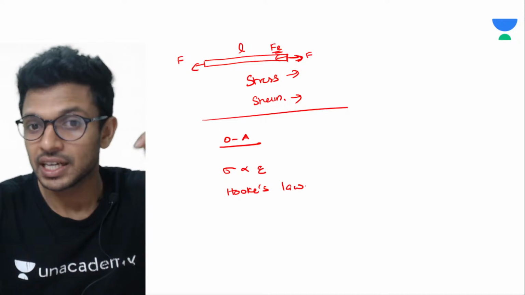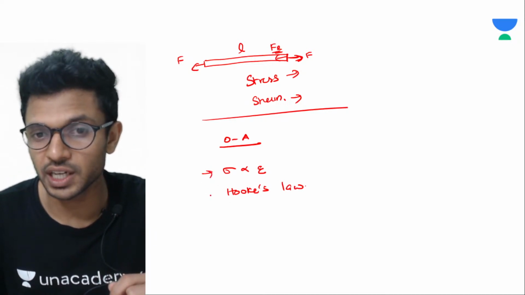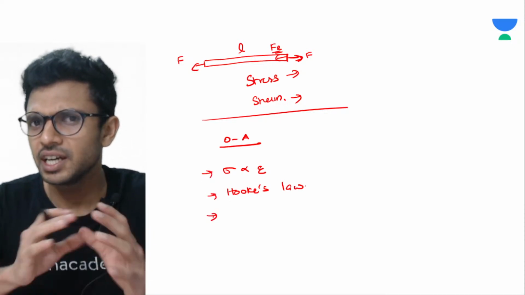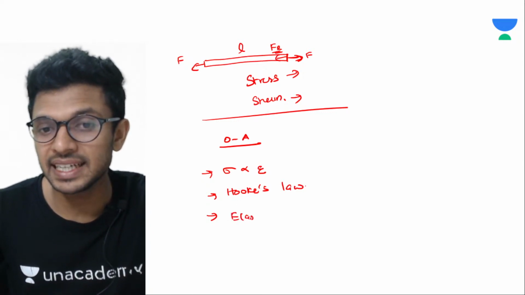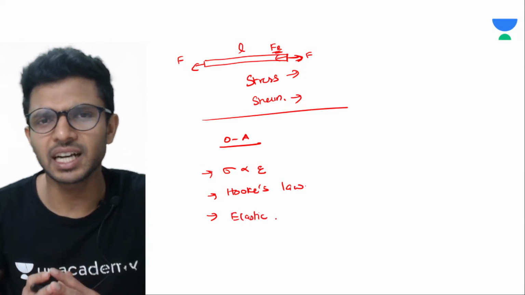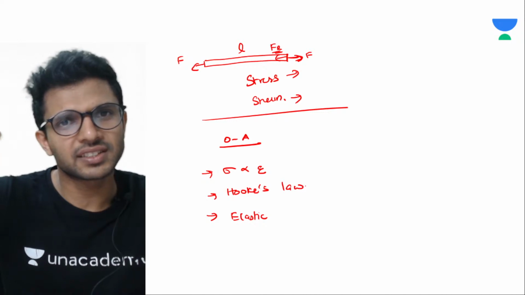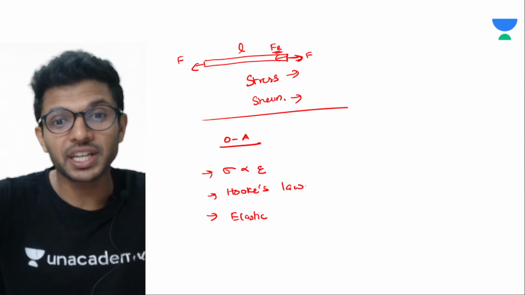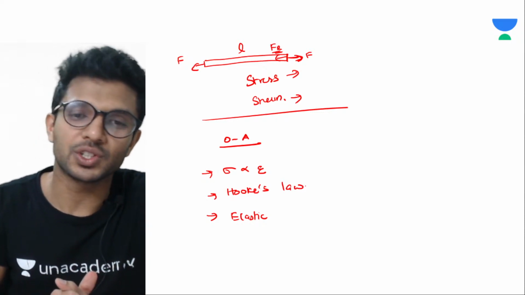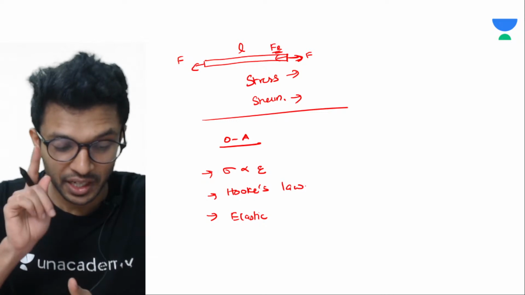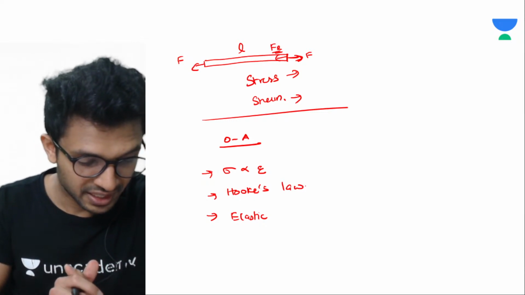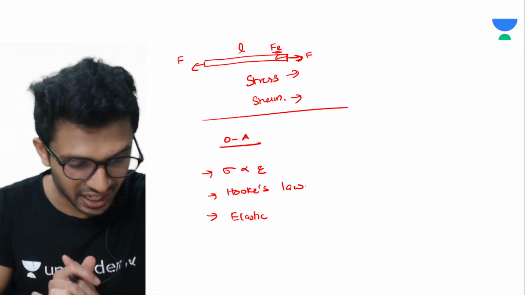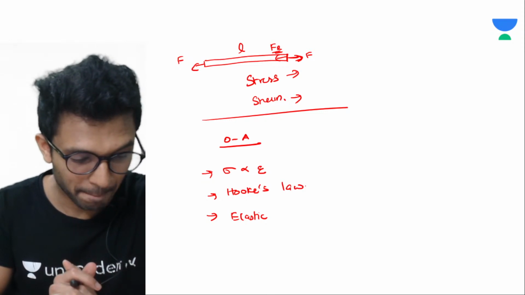The second point is that in the region of 0 to A the body will act completely elastic. What does elastic mean? Once we remove the external deforming force, the body will regain its original shape. So these are the properties. Very good, everybody is giving the answer.